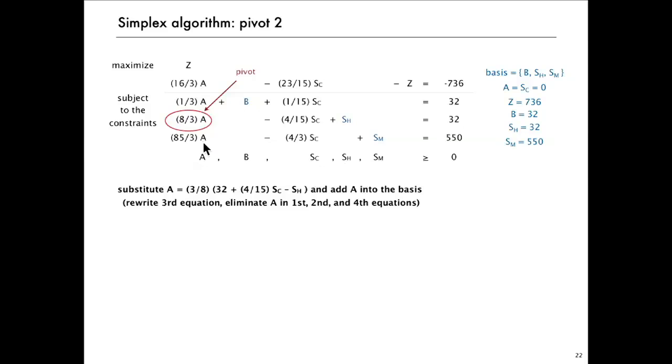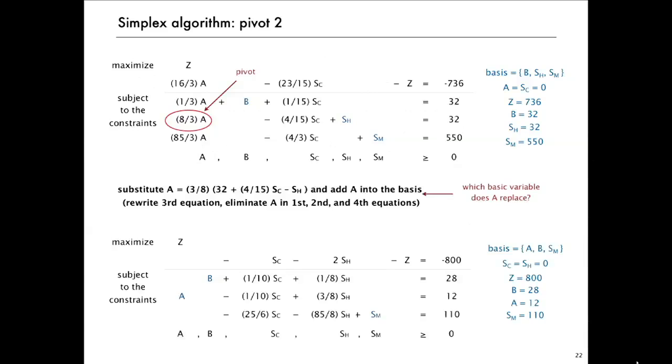Substitute that into everything, and that's going to eliminate A everywhere else. Since A comes out of the basis, something else will go in, and again, think about what it is that goes in. And then we wind up in this situation here.